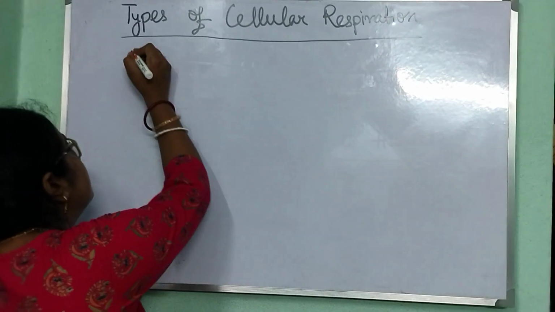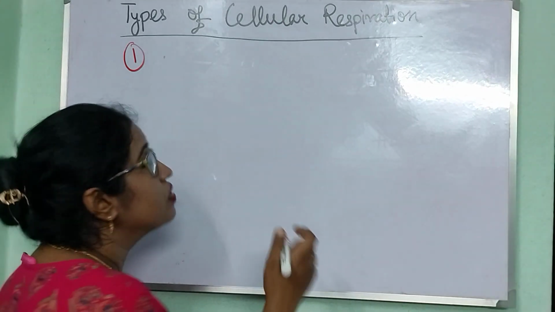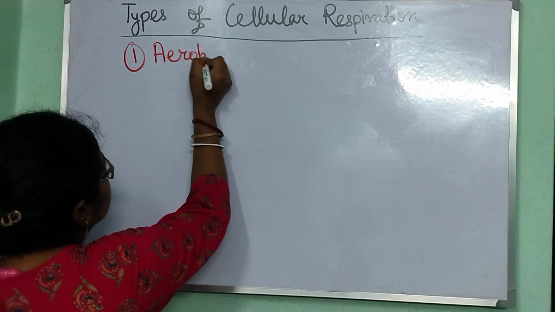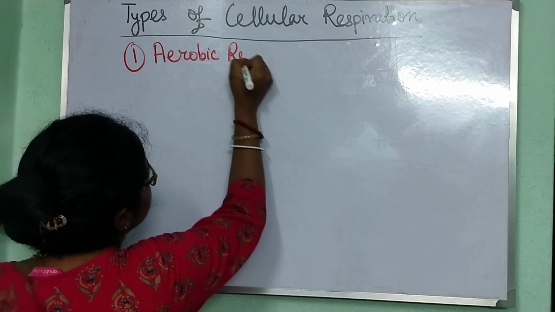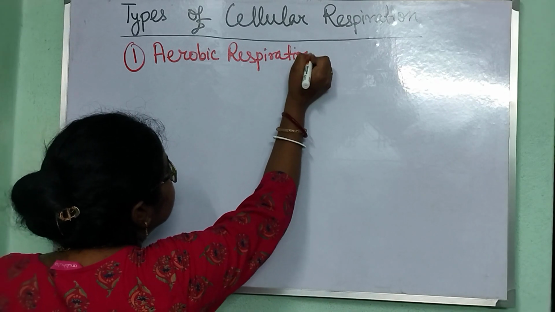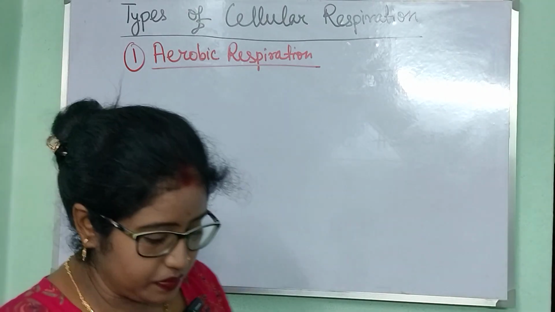So the first one occurs in presence of oxygen, and this one is known as aerobic respiration. First we will talk about aerobic respiration.